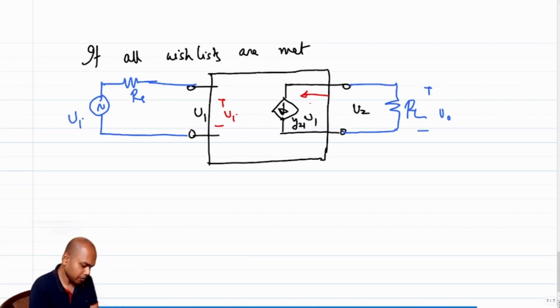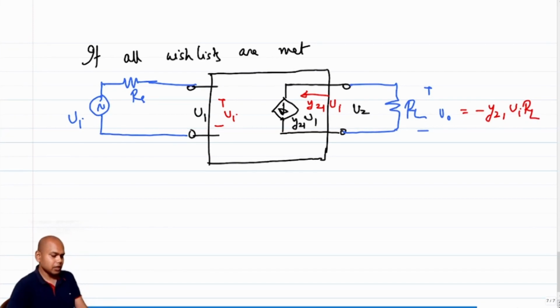This current becomes Y21 times Vi. So naturally this voltage becomes minus Y21 times Vi times RL, which means your V0 over Vi becomes minus Y21 times RL. And that is the best that we can do if somebody gives us a network whose incremental equivalent looks like this. Okay.